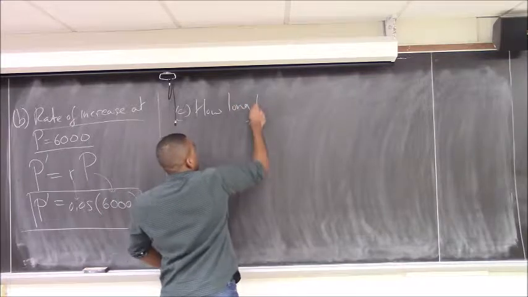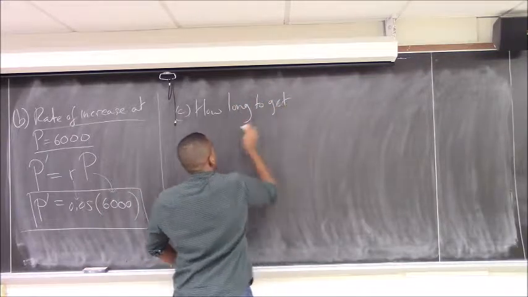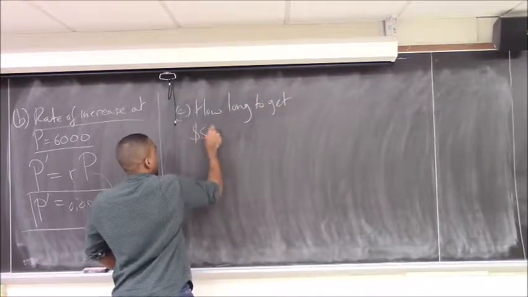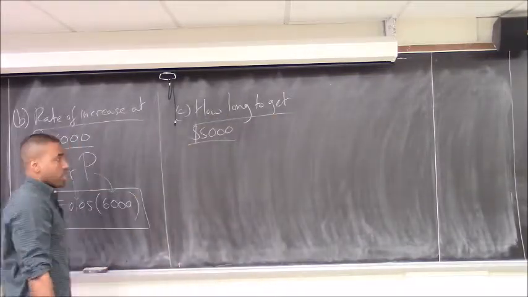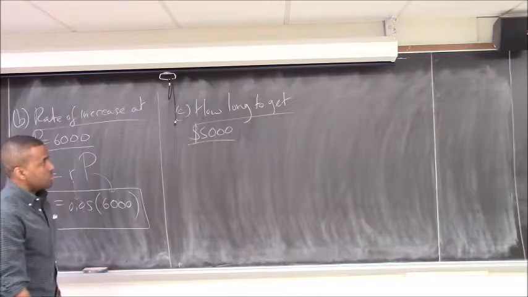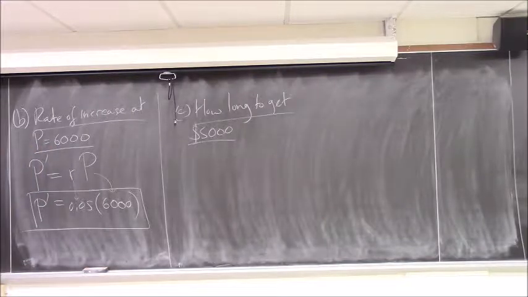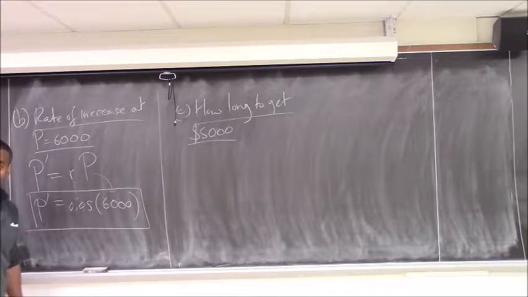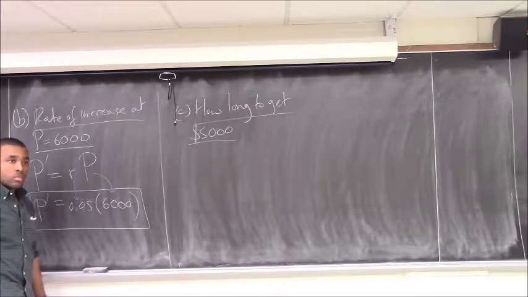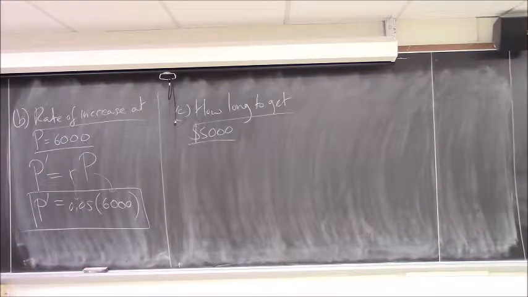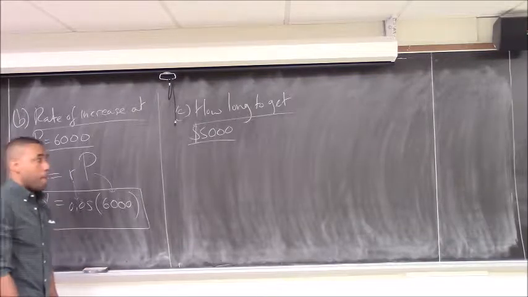What are we looking for? Right, how long means we're looking for time. How do we get to it? What equation do we use? What equation to solve for time?